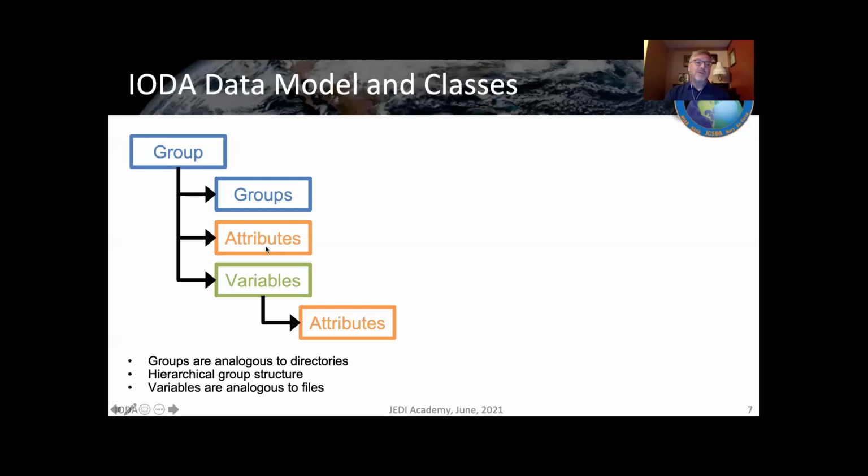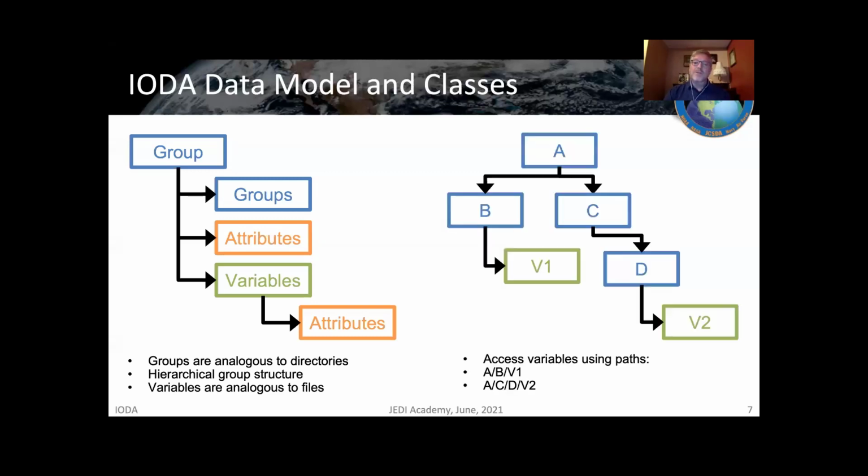Groups and variables can also have attributes tagged on them, which is a very nice feature of HDF5, where you can put descriptive data, such as the units on a variable, in an attribute, and keep important information tagged along with the whole data structure. As an example, the blue boxes here are the groups and the green ones are the variables.